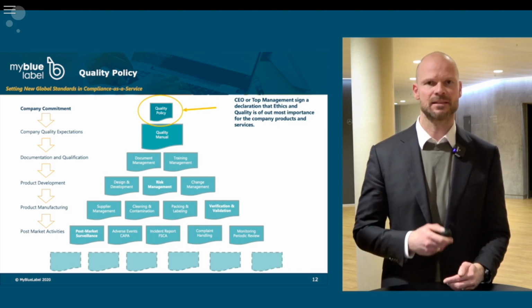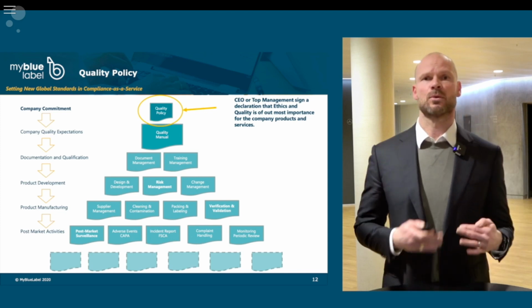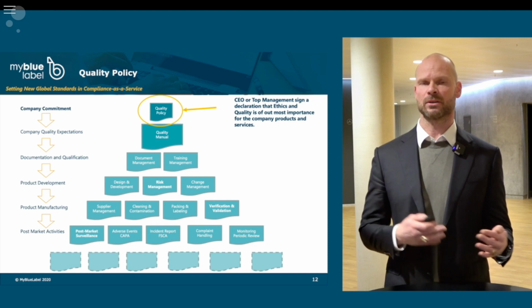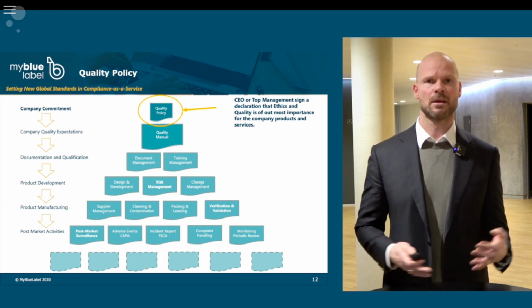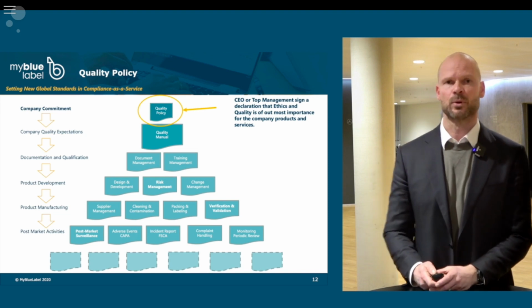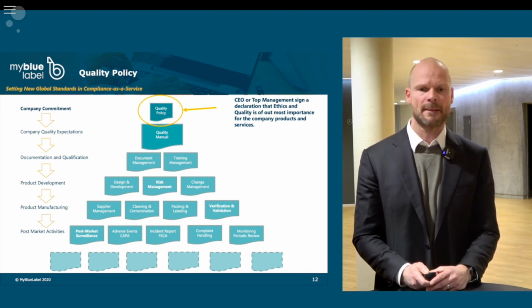Basically this is the document where the person says that quality and ethics is the most important for this company, and we're not going to harm any people, and quality and ethics comes before putting products on the market that are not safe.